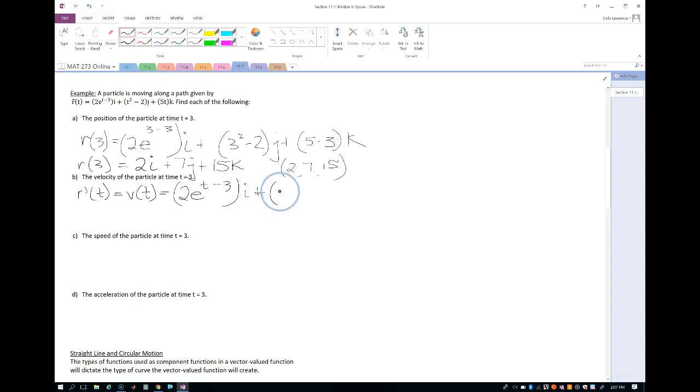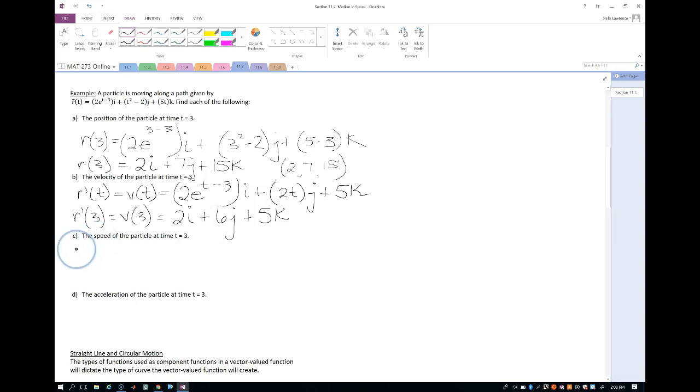The derivative of t squared minus 2 is 2t for our j component, and the derivative of 5t is just 5 for our k component. And now we can plug in 3, and we get 2i plus 6j plus 5k. So this is velocity. It tells us both a magnitude and a direction for how our position is changing.